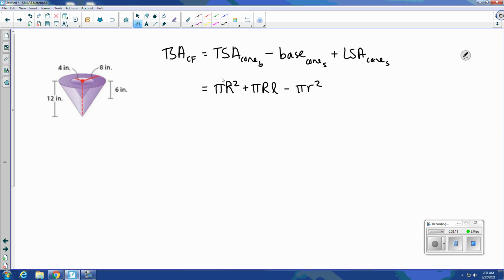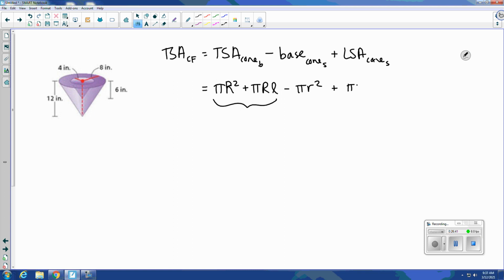So again, I'm doing different letters for the radius so that we can distinguish between which one is supposed to go where. Then we're going to do plus the lateral surface area formula. If this is our total, we know lateral is removing the base, and you should recognize that this is an area for a circle, which is my base. So to get my lateral surface area, all you have to do is remove that piece of the equation.